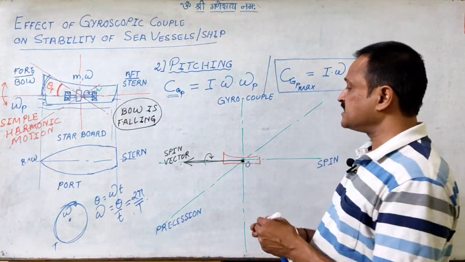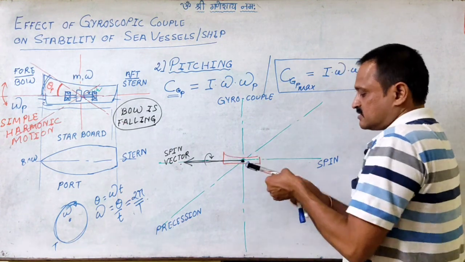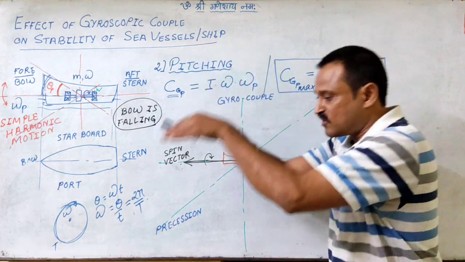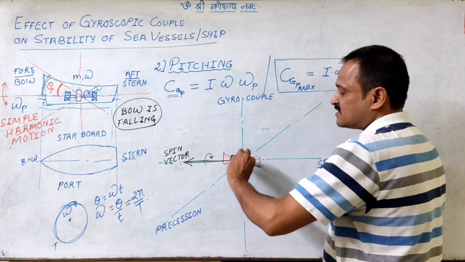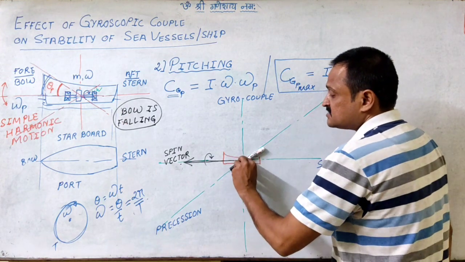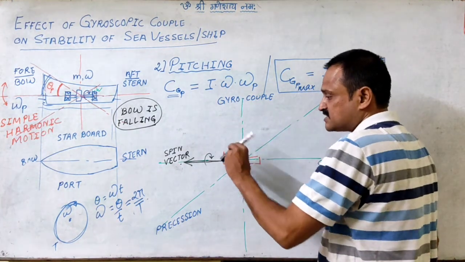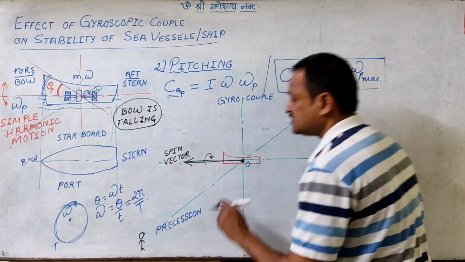Fine. Now let us try to understand the precession. We have said that the bow is falling down. So when the bow is falling down, that means the spin axis is turning counterclockwise, as seen by an observer from this side.